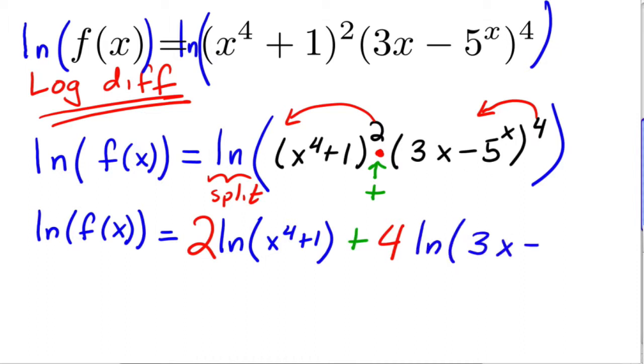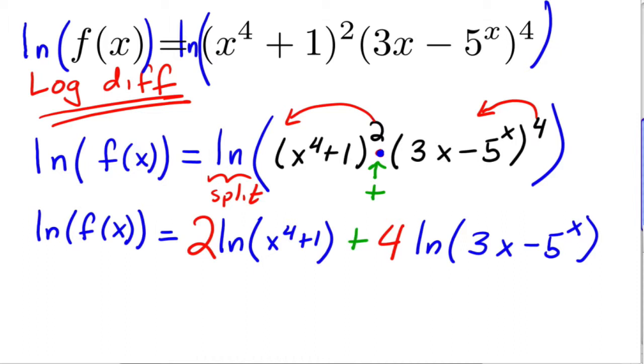So I just used 2 of the laws of logarithms in one step. The one that says you can bring the exponents out in front of the log, and the one that says that products turn into addition when you break up the logs.